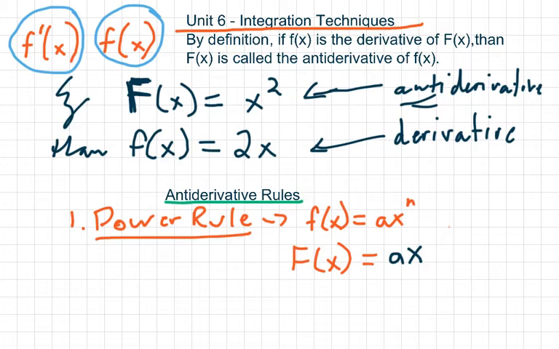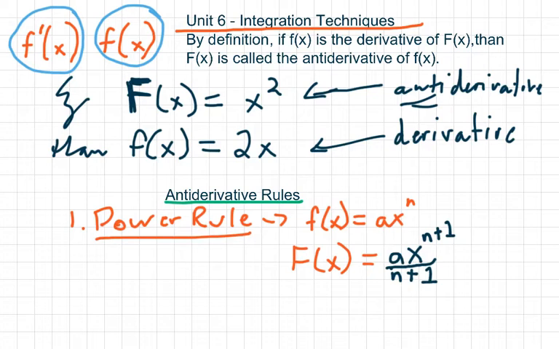At some point, you might see that in your university calculus where they'll say prove this, but it's pretty simple, and we're not going to waste our time. So all you do is add 1 to the exponent this time. If you think back to when we did derivatives, we subtracted 1 from the exponent, right? So we add 1, and then we divide by the new exponent. Okay? So there it is.